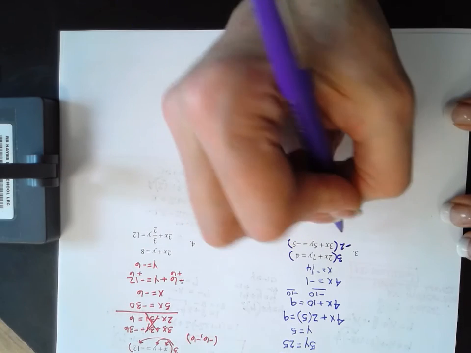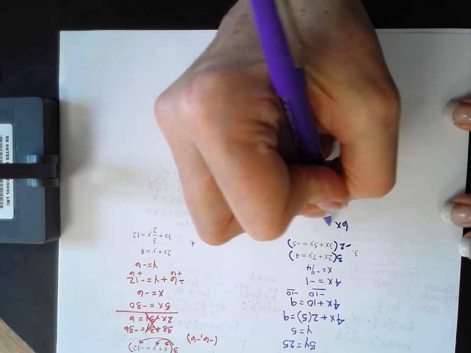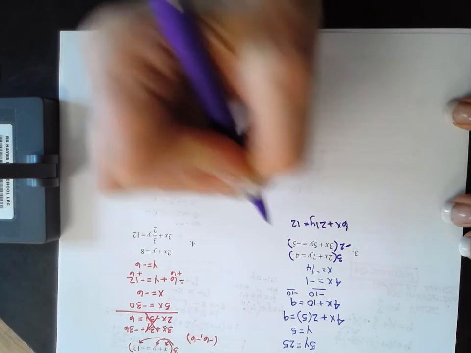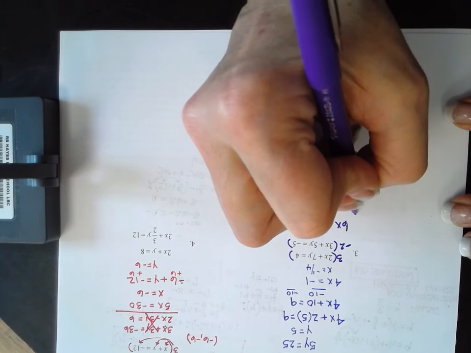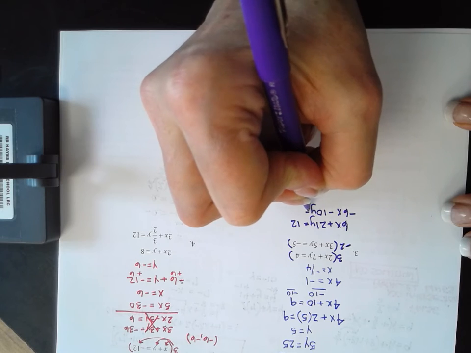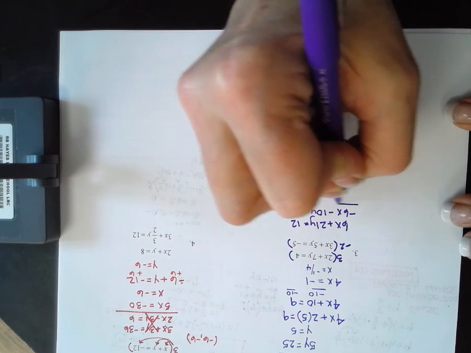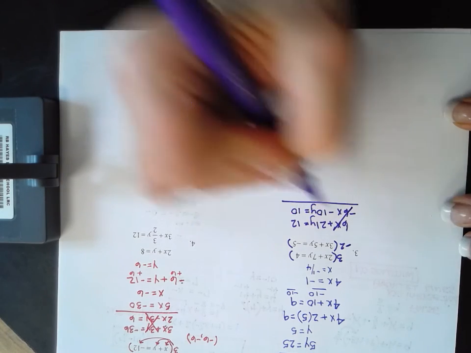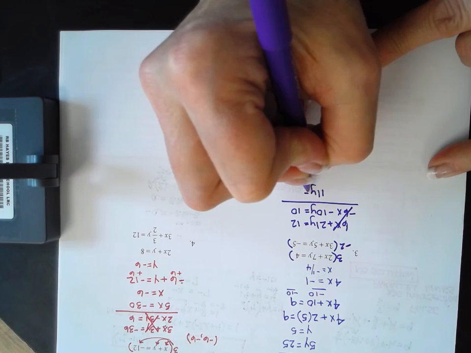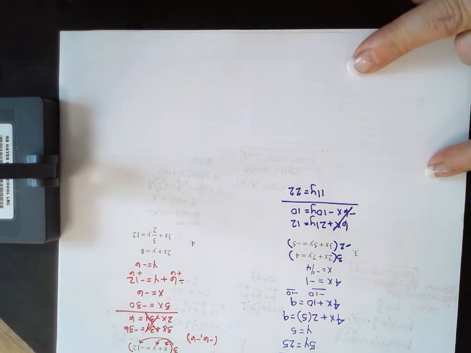All right, let's distribute. So 6x plus 21y is equal to 12. Negative 6x minus 10y is equal to 10. My x's cancel, and I'm left with 11y is equal to 22.